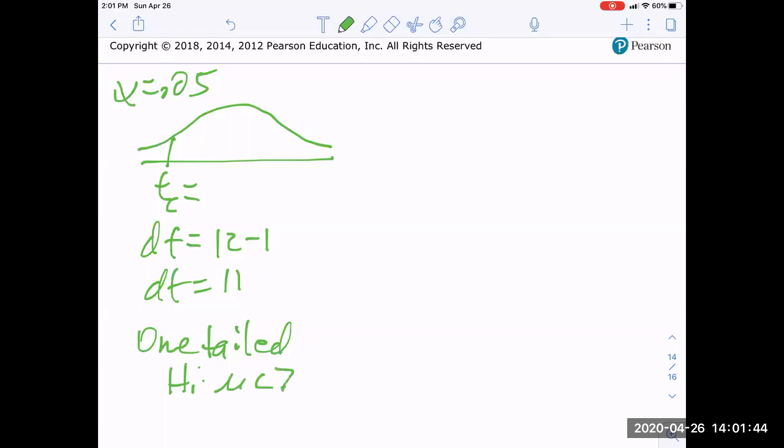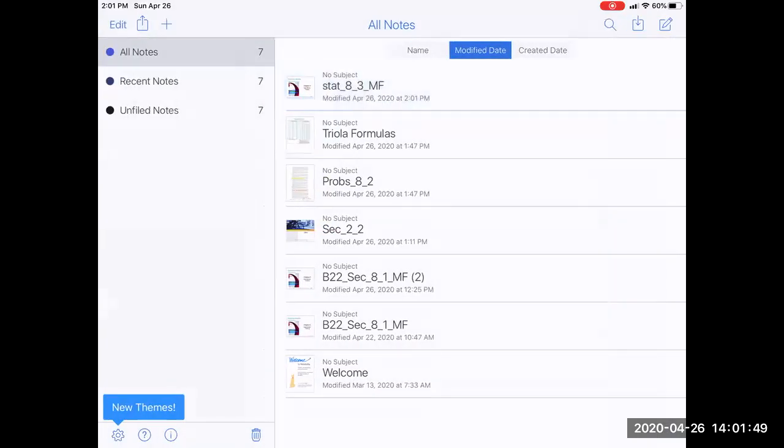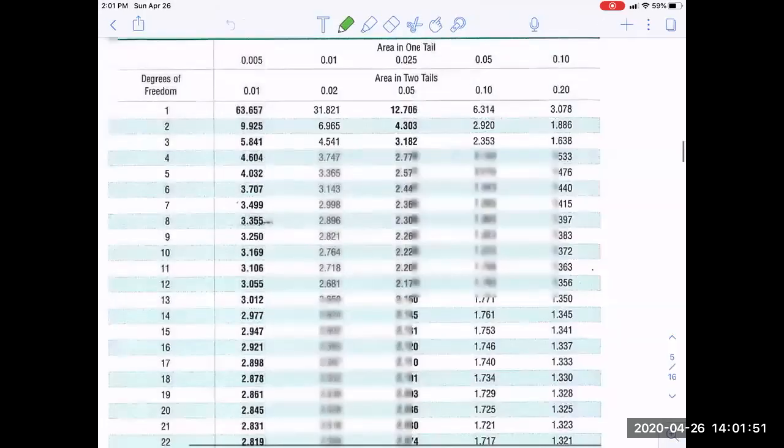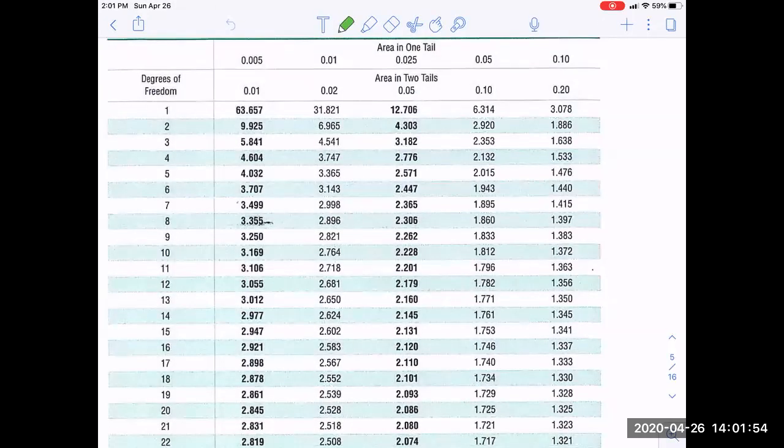So let's go find our critical T. And it's been a while since we've done that. Let's go on to our formulas. Here we go. Now, when we were doing confidence intervals, we used this a lot. Now I'm doing a one-tail test. There's my alpha. Degrees of freedom is 11. There's my T. My T is 1.796.